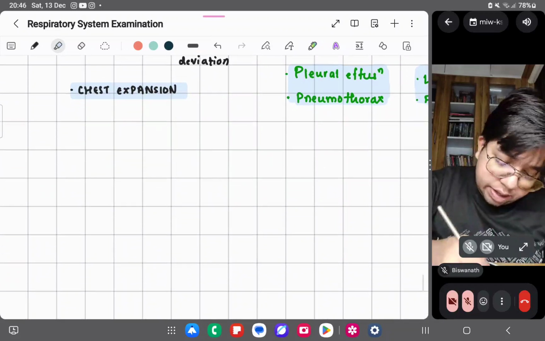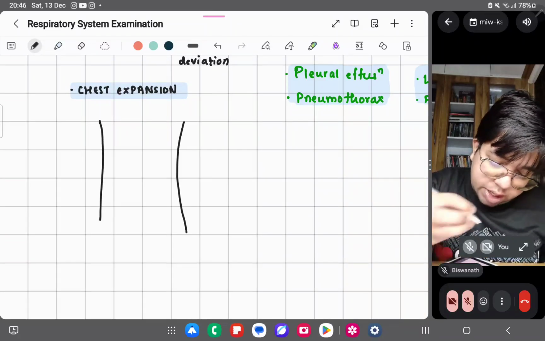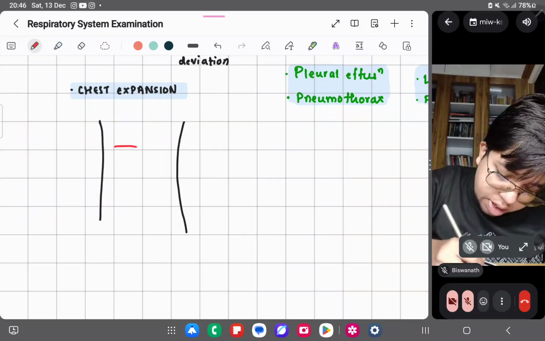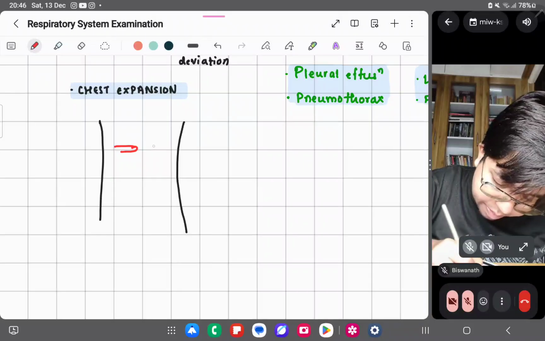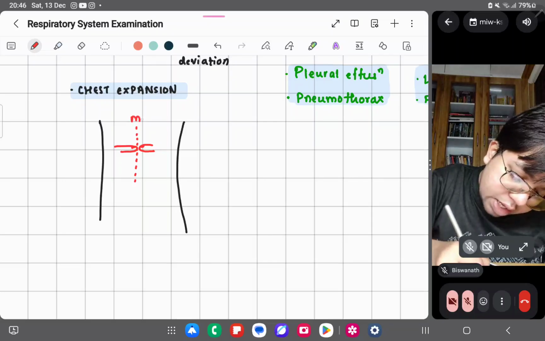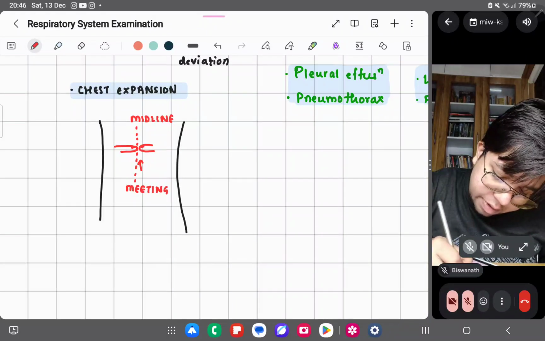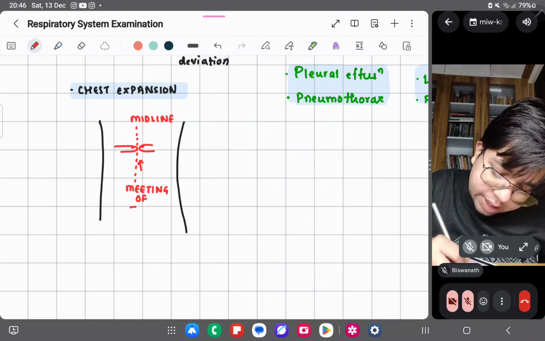Let's say this is the patient's body. You are putting a thumb here, and the thumbs must meet at the midline of the patient's body. This is the midline. Meeting of both hands, thumbs.